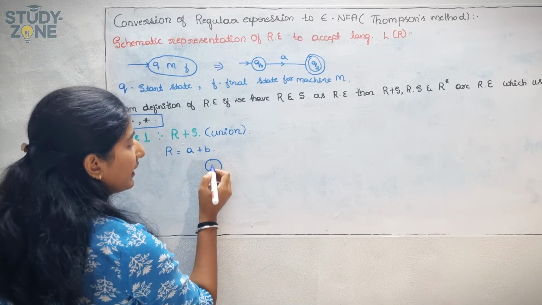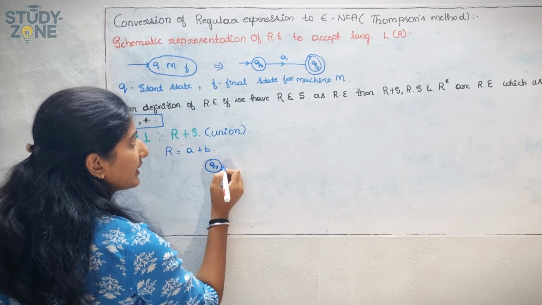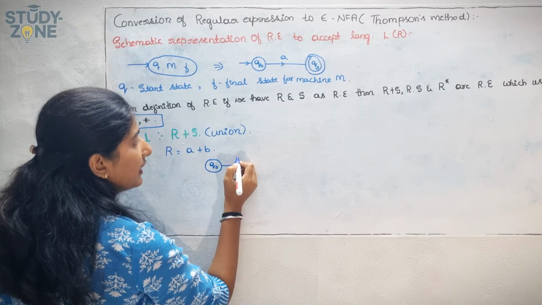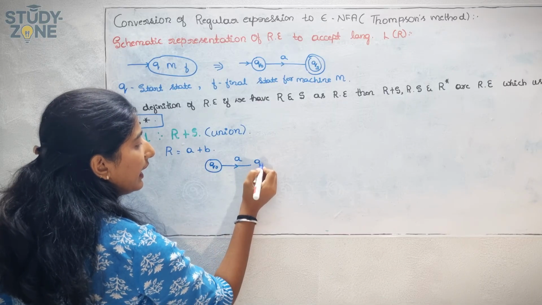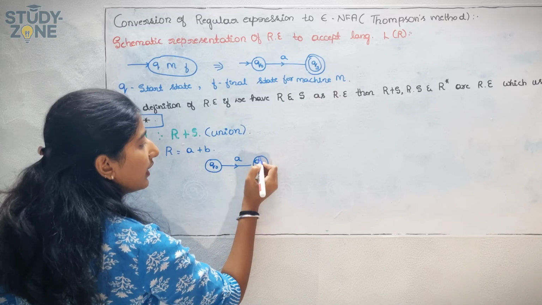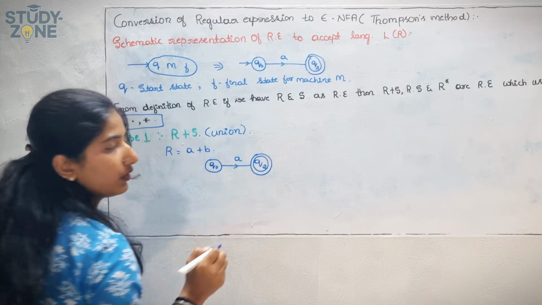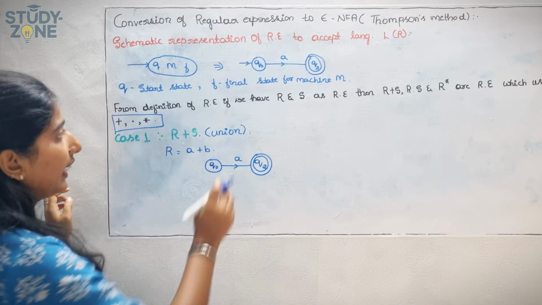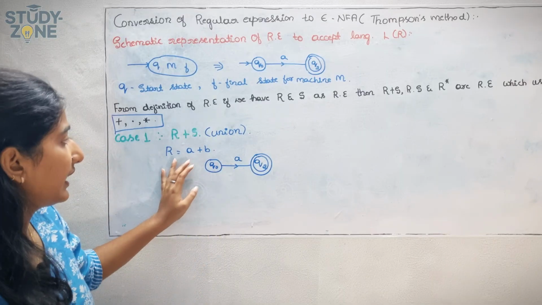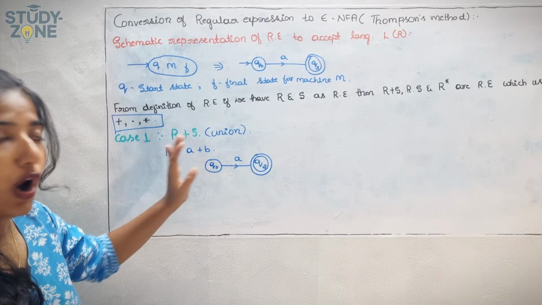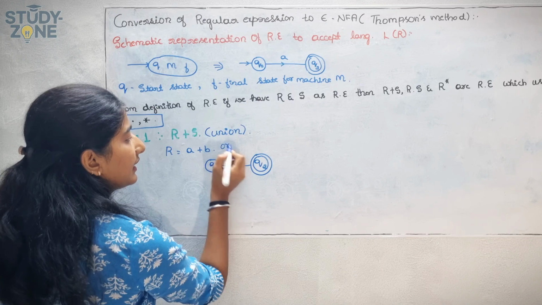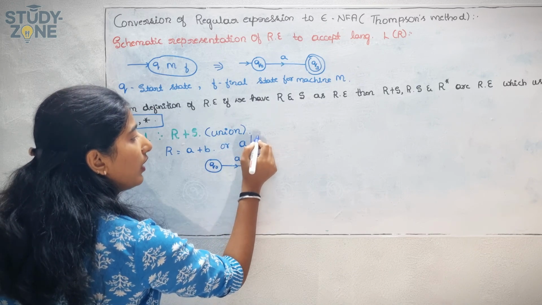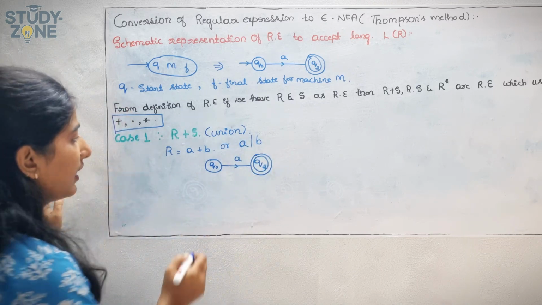There will be one starting state and an input symbol A, and on A it will be moving to a final state. And remember this one, A plus B means A or B. We can write it like this also, A or B, right?